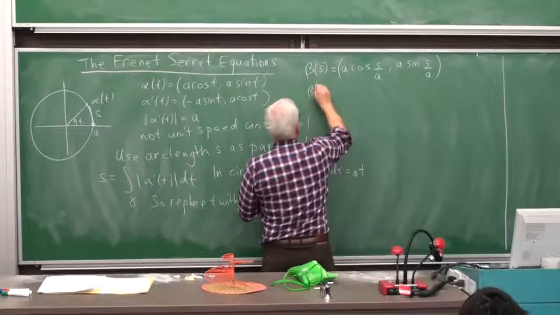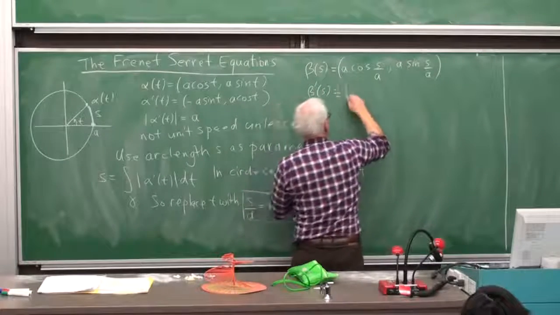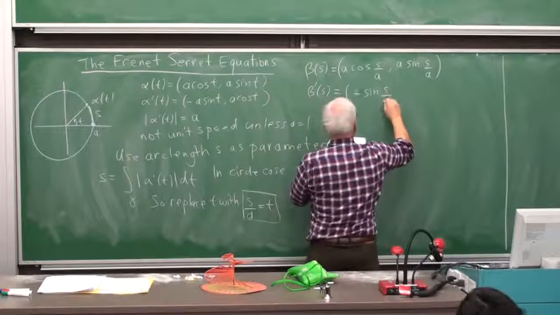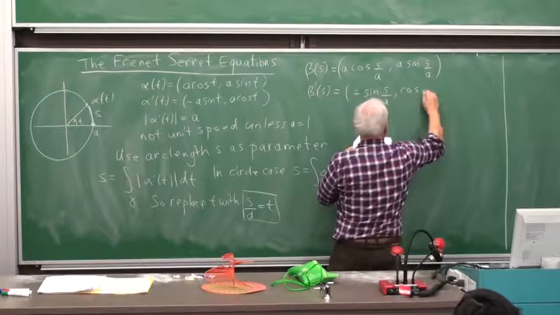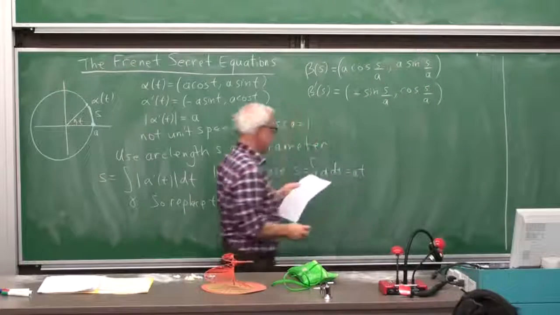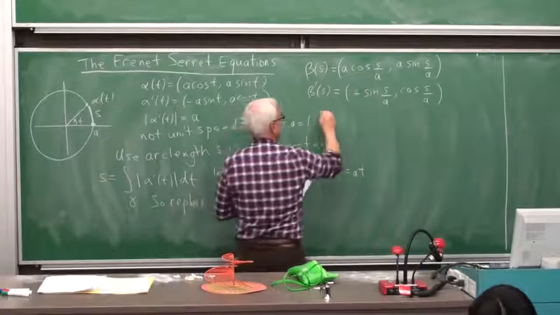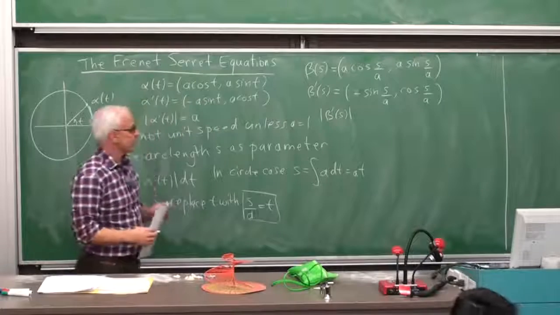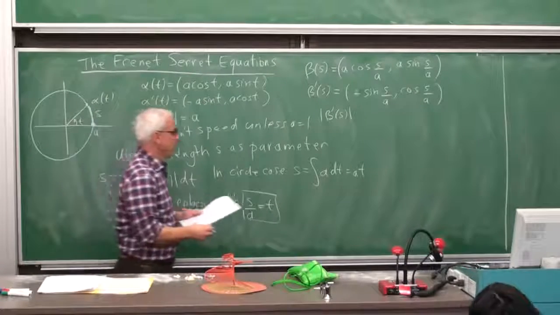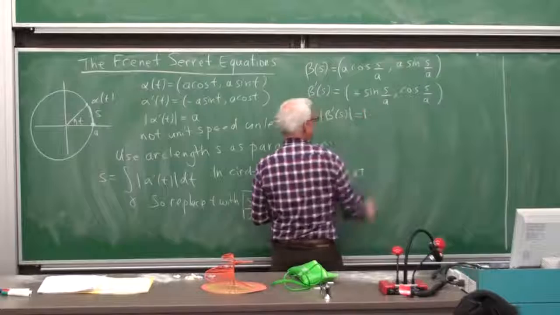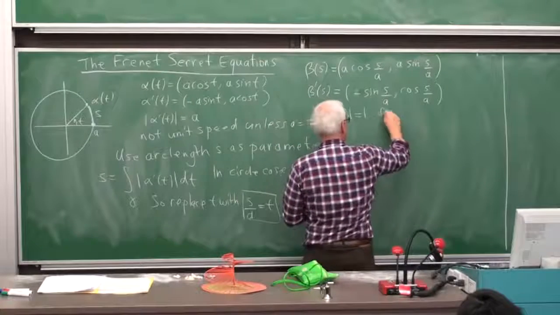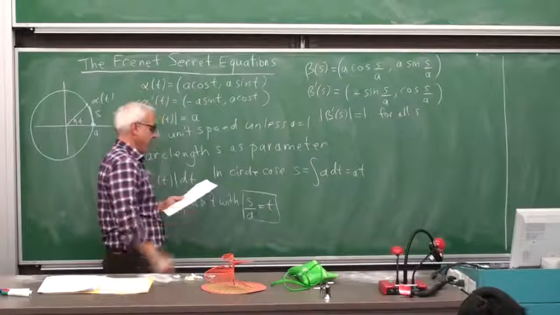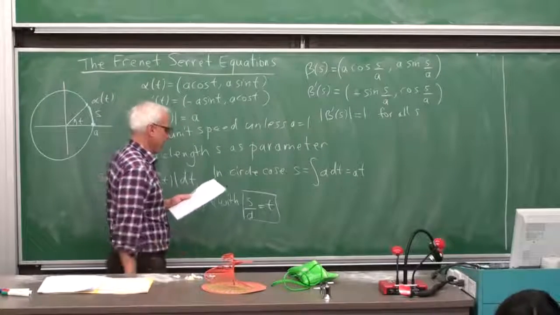And then we can calculate its derivative, beta prime of s will be minus sine s over a, comma, cosine of s over a, because the a's cancel. And then we can check that in this case, yes, the length of the derivative, beta prime of s, is indeed 1 for all s. So this is indeed a unit speed curve.